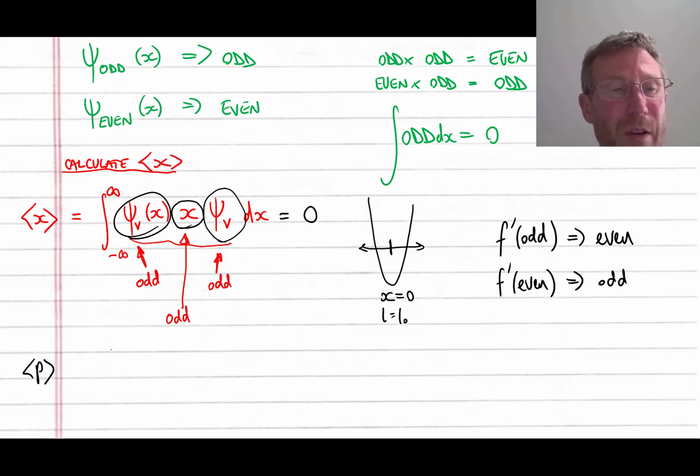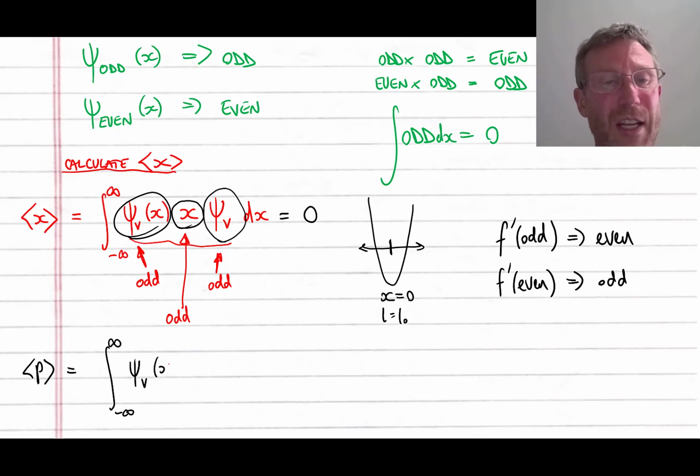So how is this useful? Again, we're asking ourselves, what's the average value of the momentum for our harmonic oscillator? And again, we'll choose our limits to be infinity and minus infinity. We're going to plug wave functions in here. We don't even need to know what the form of those wave functions is, as long as we know it's odd. And an odd wave function multiplied by an odd wave function is even.